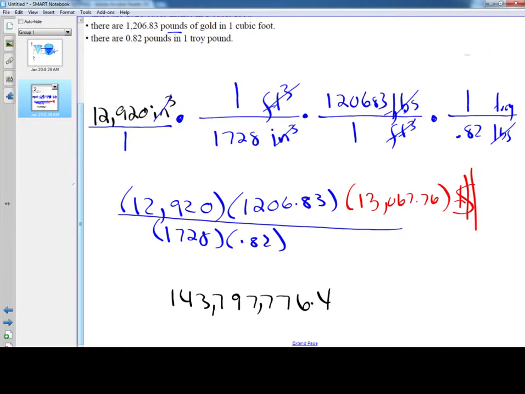Oh, hold on. Wait, maybe I got a different answer on the calculator. Do this times this times this, and then divide by this and that. Did you do it all in one line? No, I did the top and then I pushed equal and then I divided by. I see what you did.